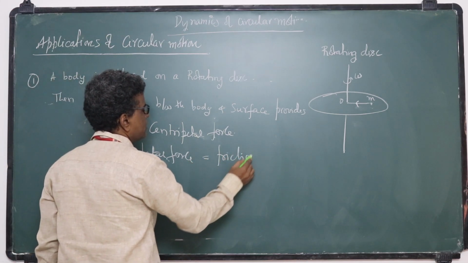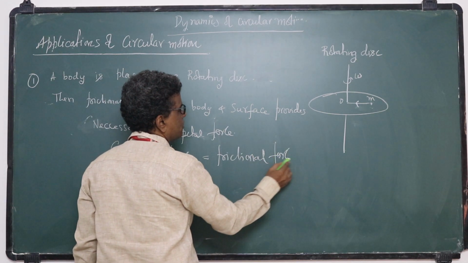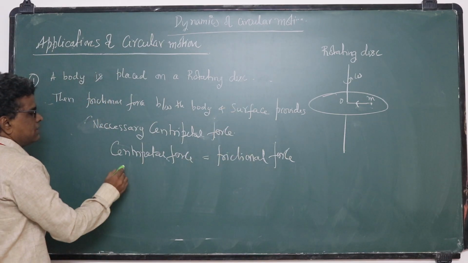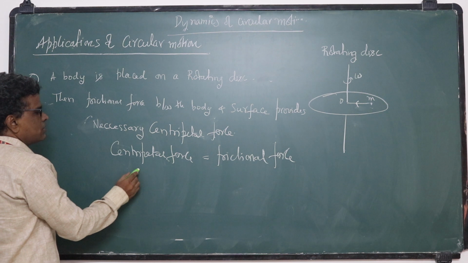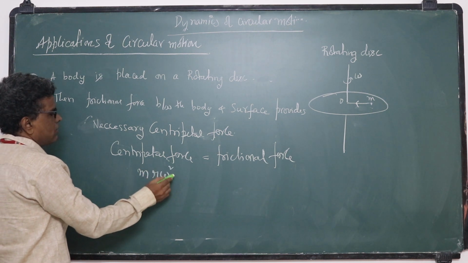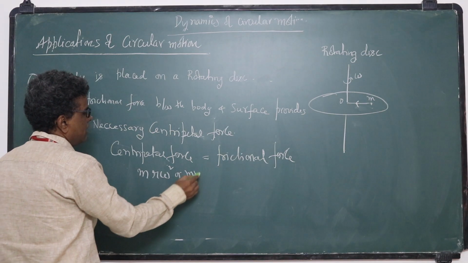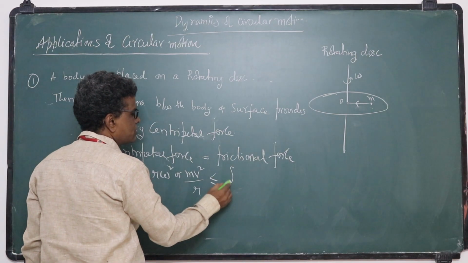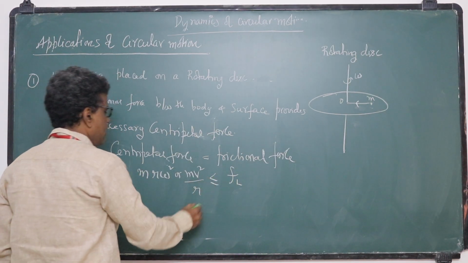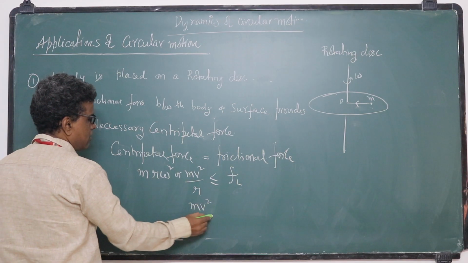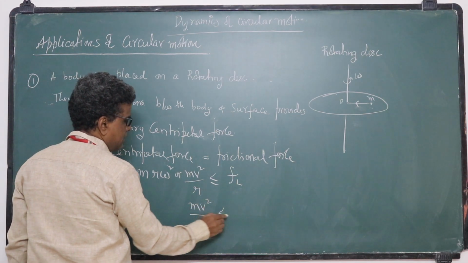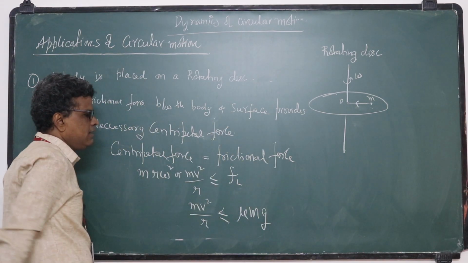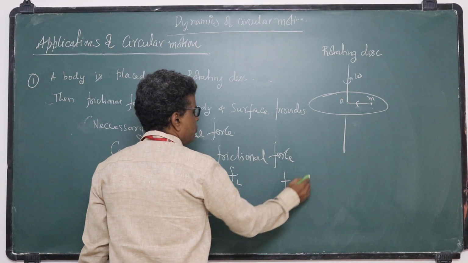But friction has a limiting value, while the rotation speed may go on increasing. So the centripetal force, that is m r omega square or m v square by r, should be less than or equal to the limiting frictional force, Fl. So m v square by r should be less than or equal to mu n.